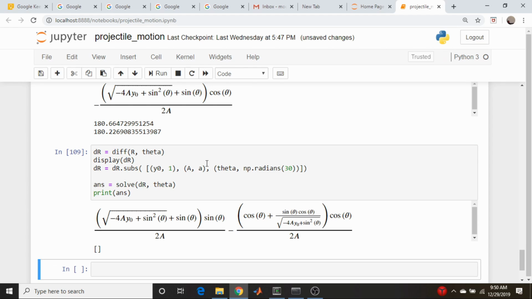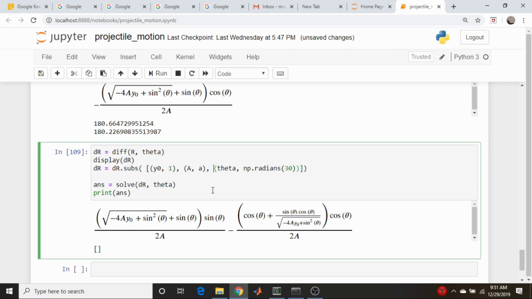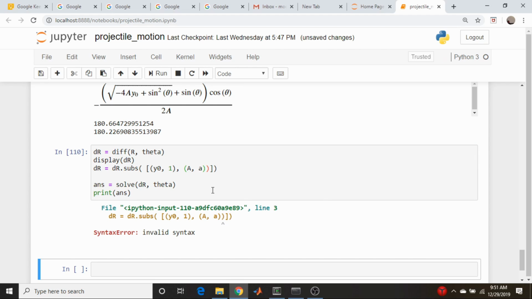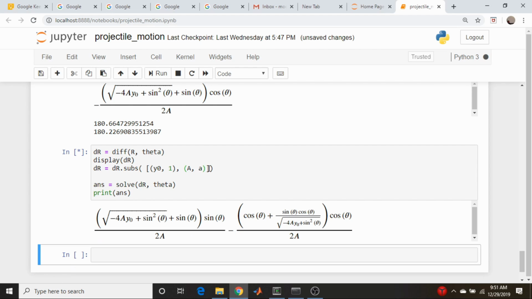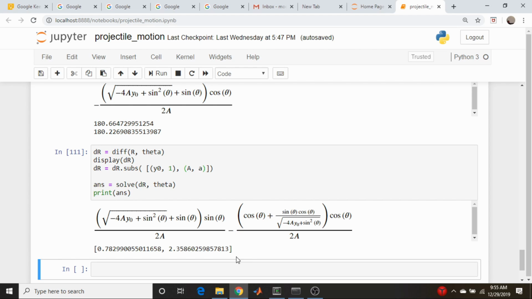So let's run that. And we don't need this theta because that's what we're trying to solve for. So let's get rid of this.